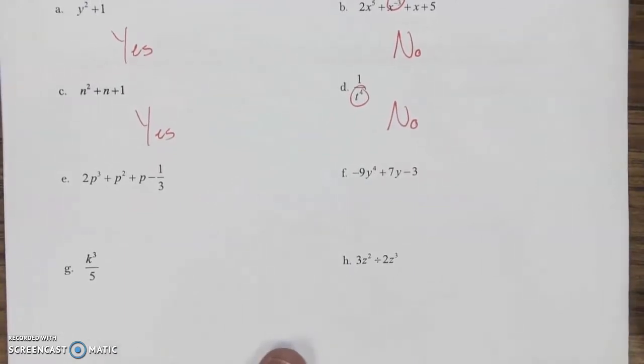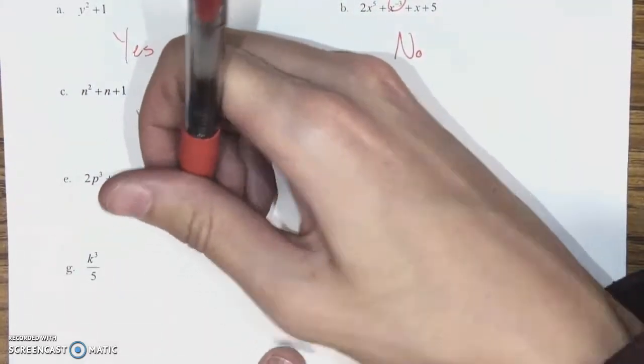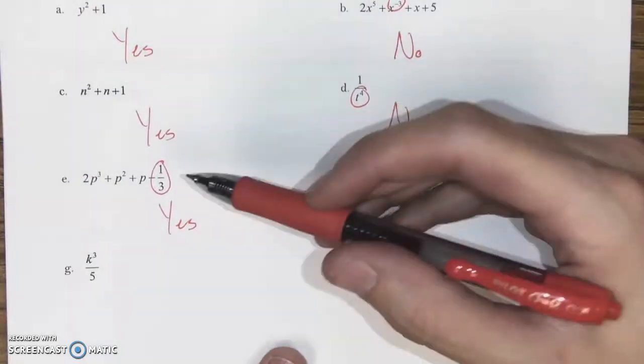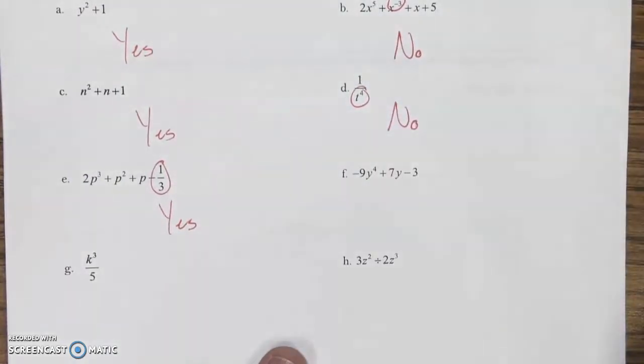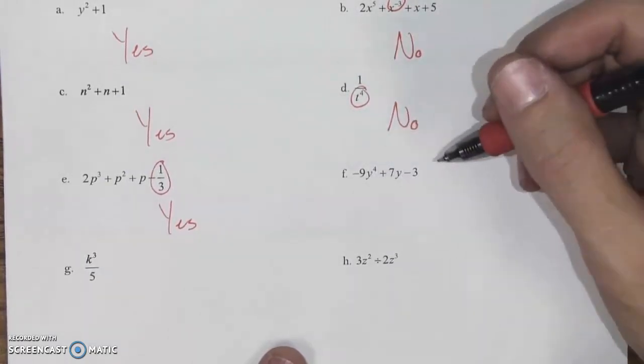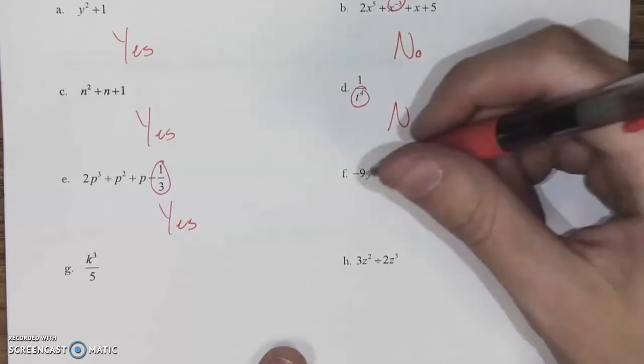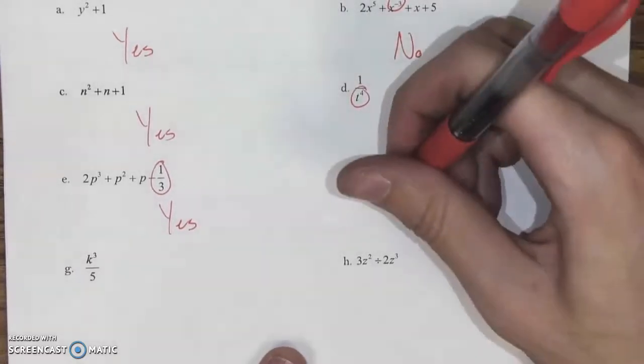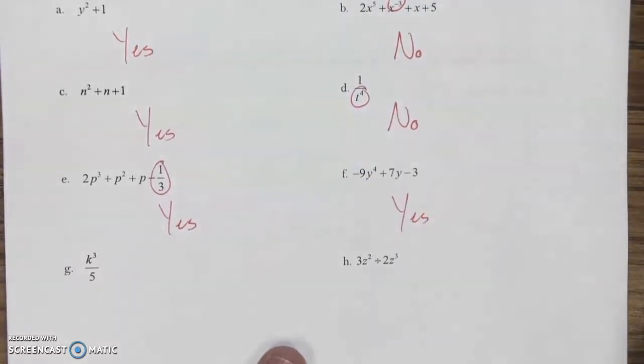Looking at this next one here, we have positive powers, no variables in the denominator. This 1/3 here, it's just a number, it's just 1/3. That's fine for polynomials, so yes, this is a polynomial. Now, if this was a variable in the denominator, this would not be a polynomial. This next one here, only positive powers, and there's no variables in the denominator, and it's only separated by addition and subtraction. So yes, this is a polynomial.